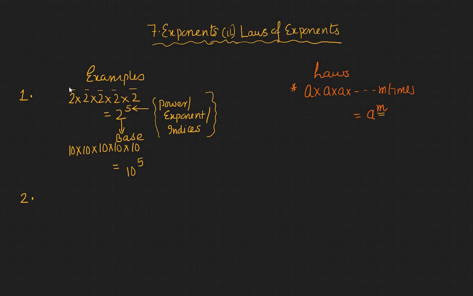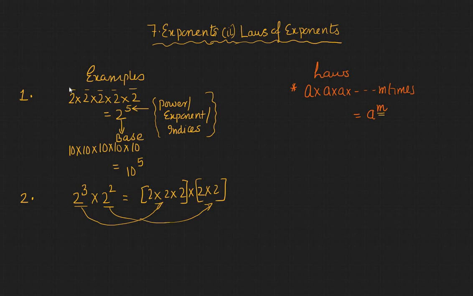So let's look at the second one. Let's say you have 2 power 3 into 2 power 2. Now this is nothing but 2 into 2 into 2, that's 3 times, and then into 2 into 2, right? So this is this quantity and this is this quantity.